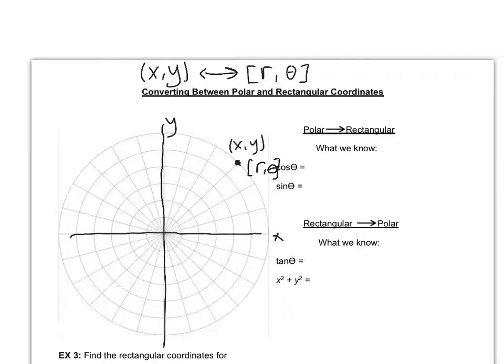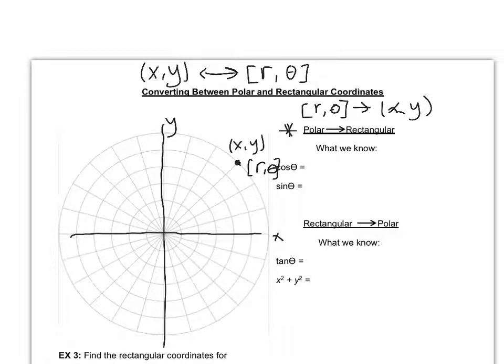So the first thing we're going to do right here is going from polar to rectangular. So that means given the radius and the rotation, what is that xy coordinate? So what are x and y if I already know what r and theta are?